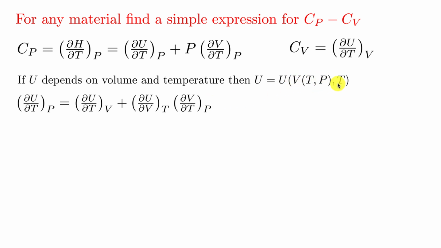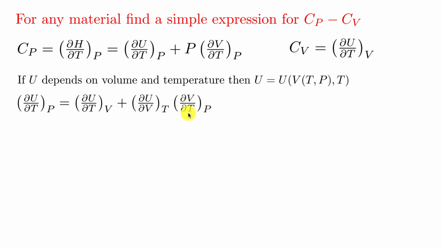Then you keep this fixed and you let V vary. Why does it vary? Because the temperature has changed. So using the chain rule, we have dU by dV at constant T. In other words, this T is kept constant. And then how V depends upon T itself at constant pressure.